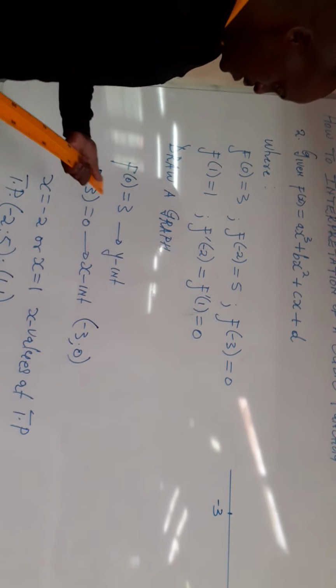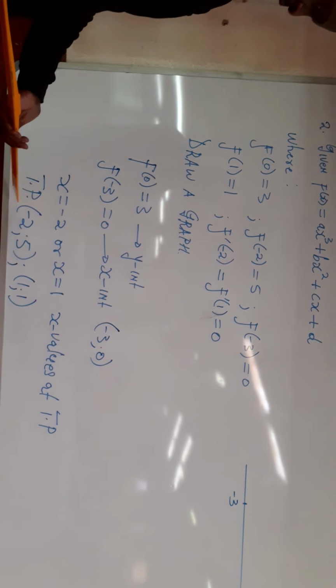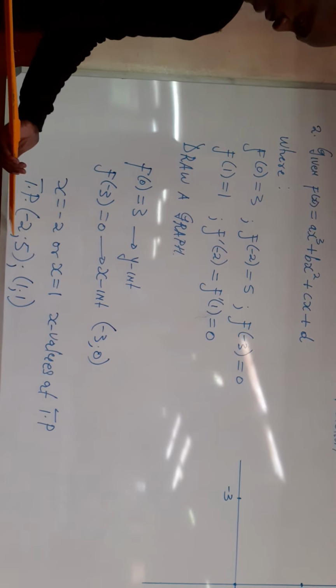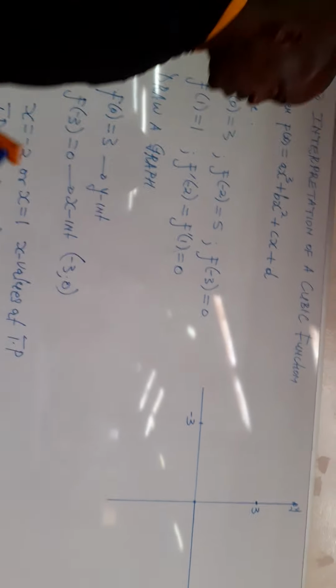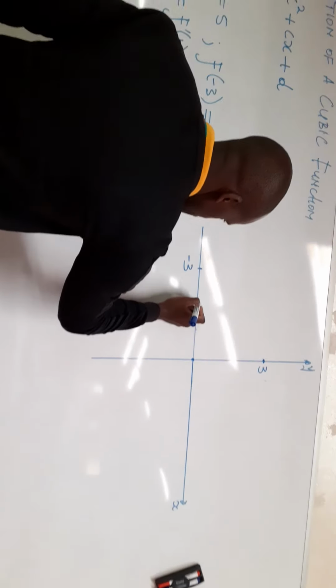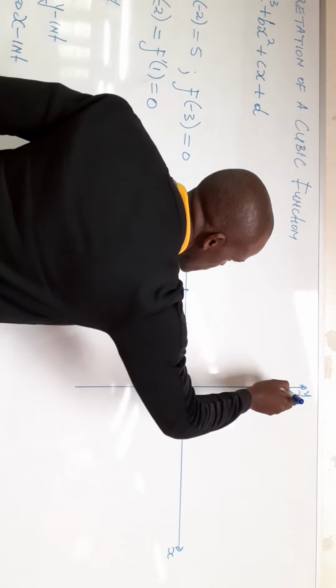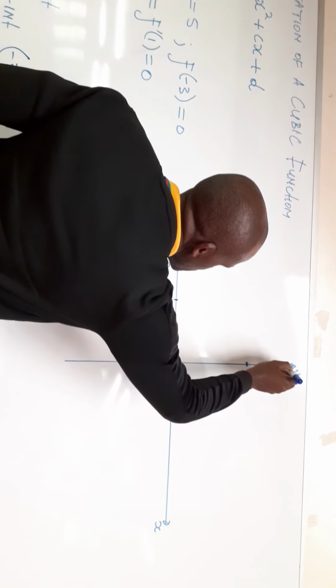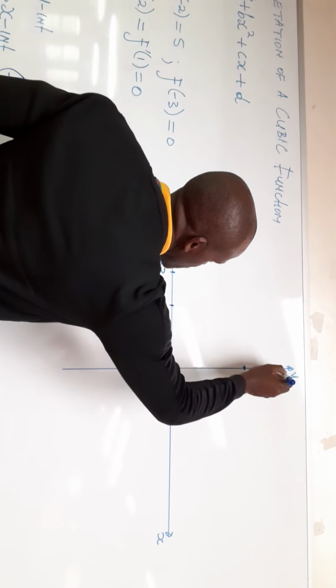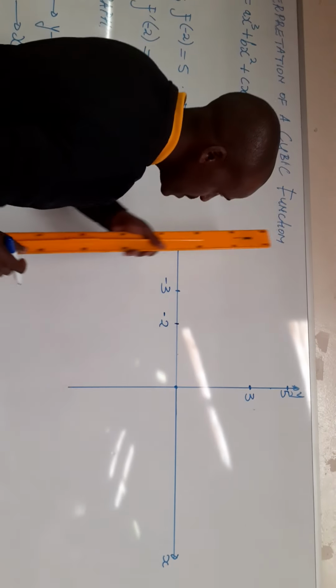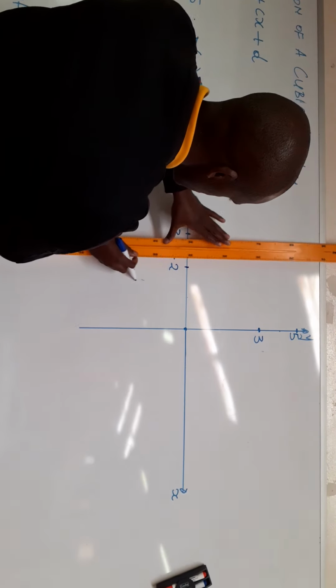Right, we've got our turning points. -2 is to 5. Let's say we've got 5 up there. Right, -2 is to 5.